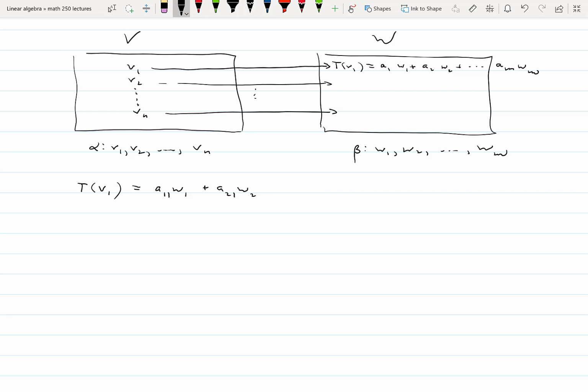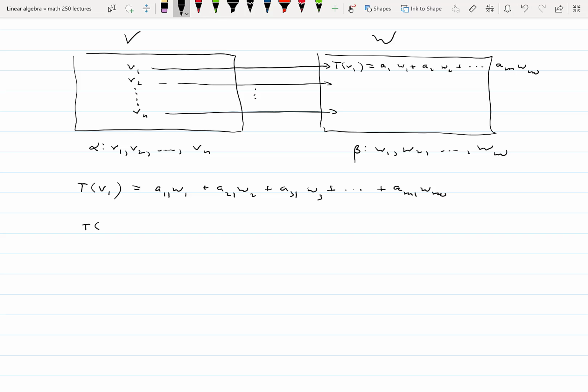The second subscript tells us we're looking at V1. The first subscript tells us it's the coefficient of W2. So plus A3 W3, but we're talking about V1, plus dot dot dot all the way up to AM1 WM.